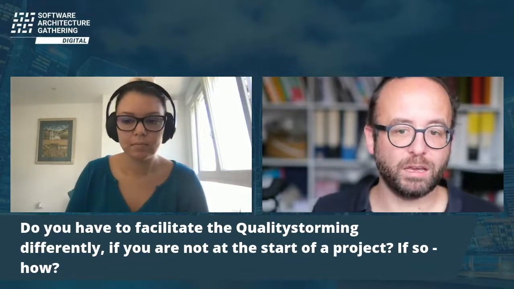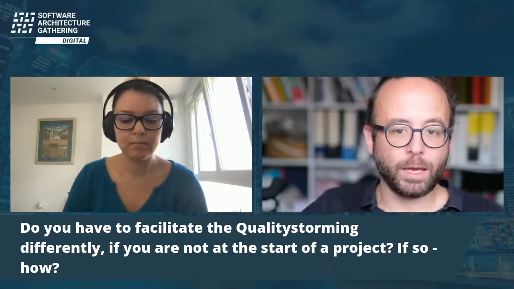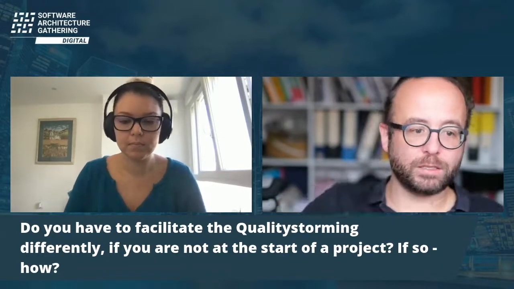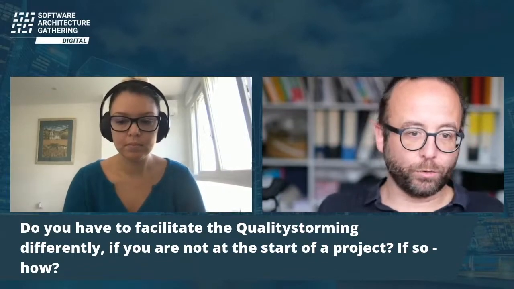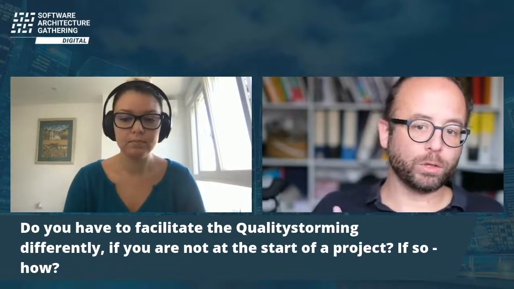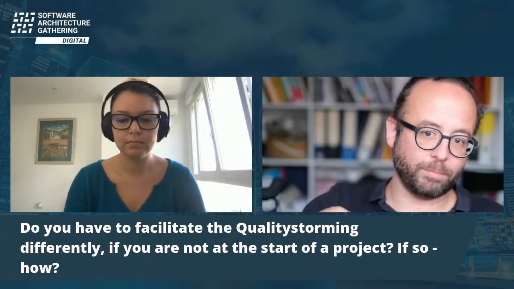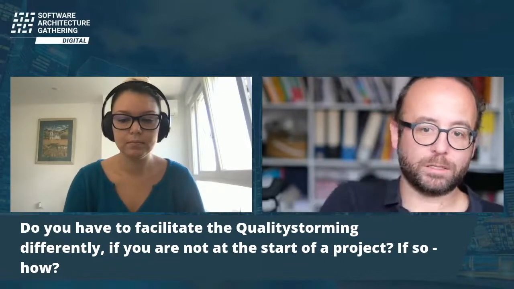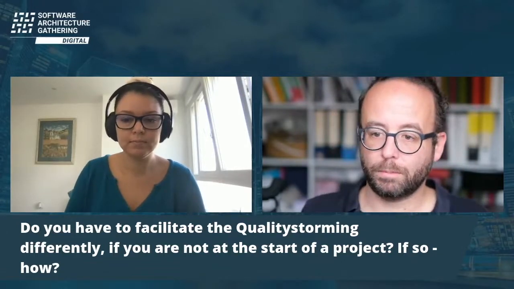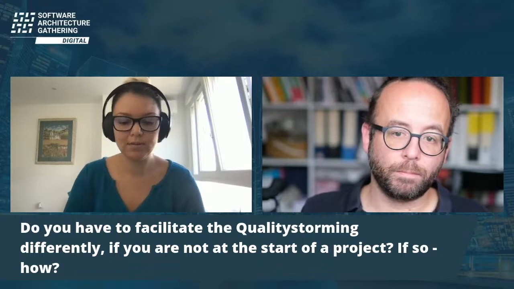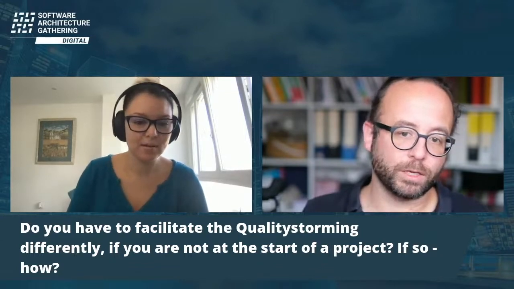If you don't have any, just get started. If you already have an existing quality tree or existing quality requirements, you may want to put them on the wall already in a preparation step and say, okay, that's the status quo, let's talk about that. And then you can use that to get started.